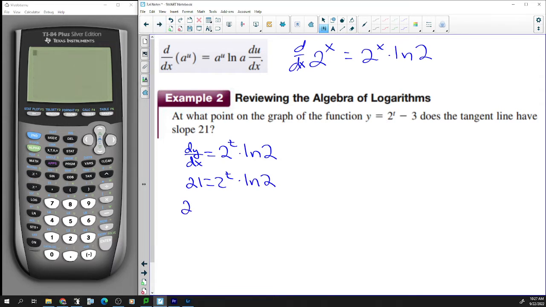So let's divide by natural log of 2. So 21 divided by natural log of 2, and we'll represent that with 3 decimal places, even though I'm going to use the value in the calculator. So that 30.296 is only a representation of the number.